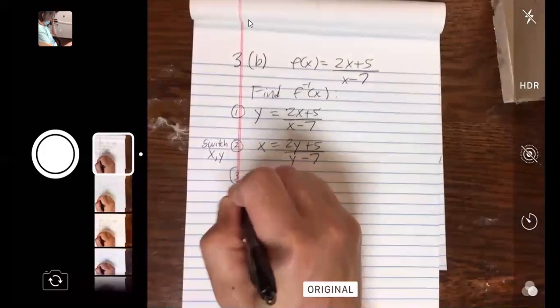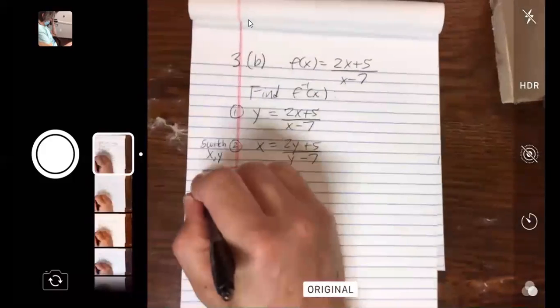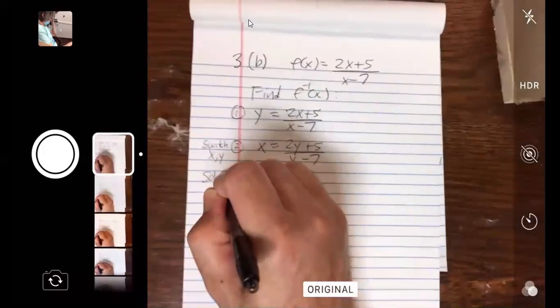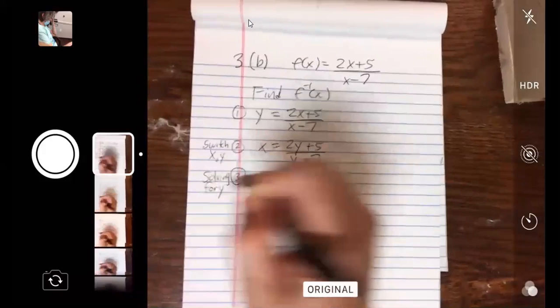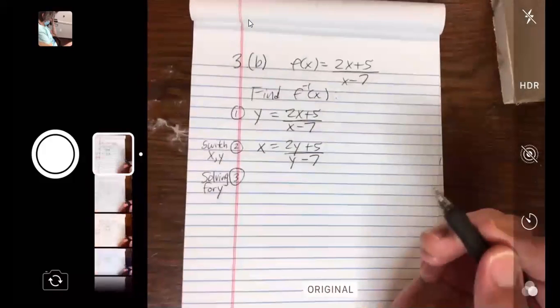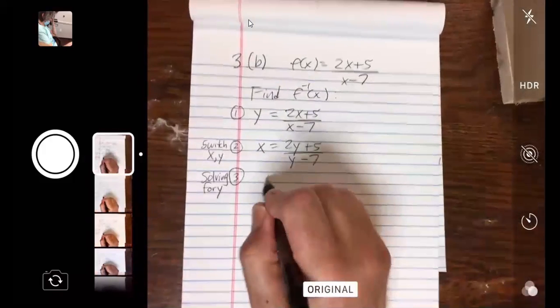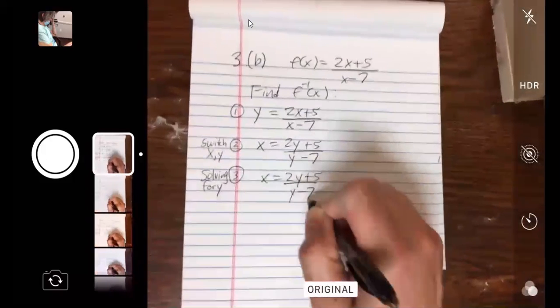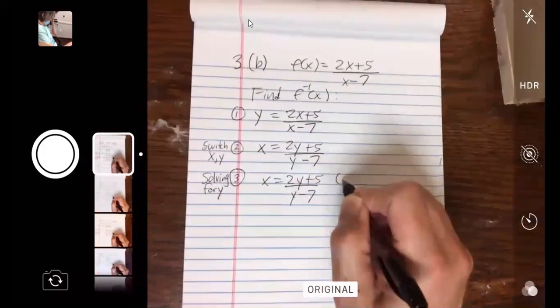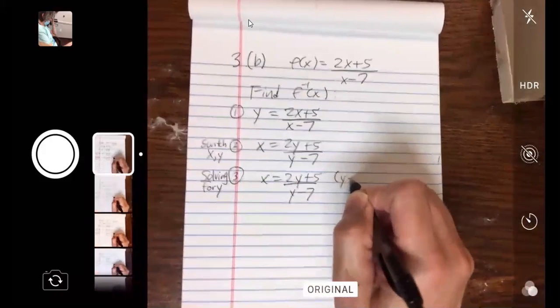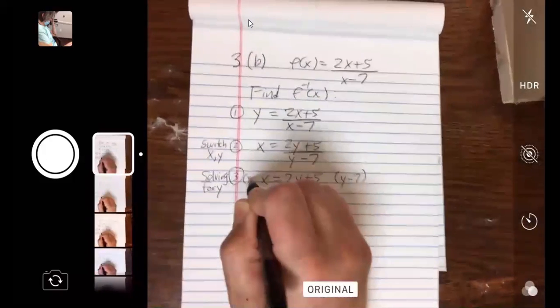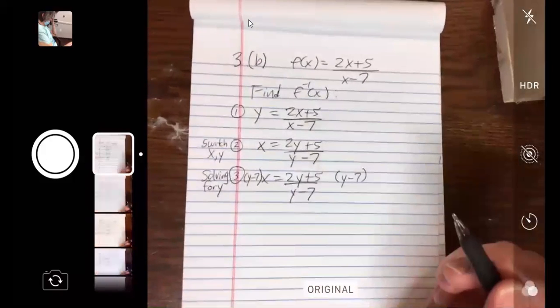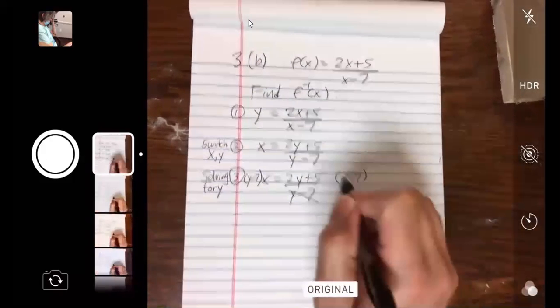All right, so nasty algebra comes from solving for y here. I have x equals 2y plus 5 over y minus 7. I'm going to clear the fraction by multiplying by y minus 7, so that cancels the y minus 7.